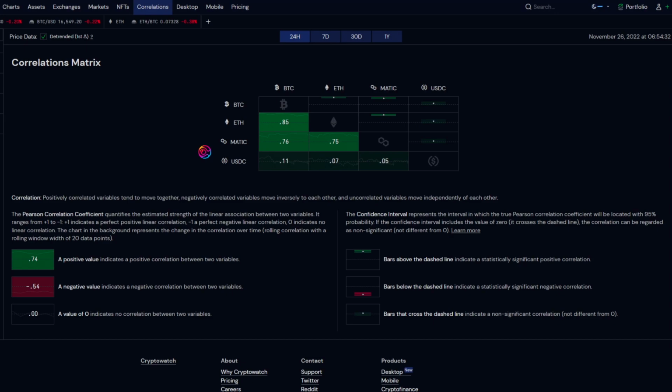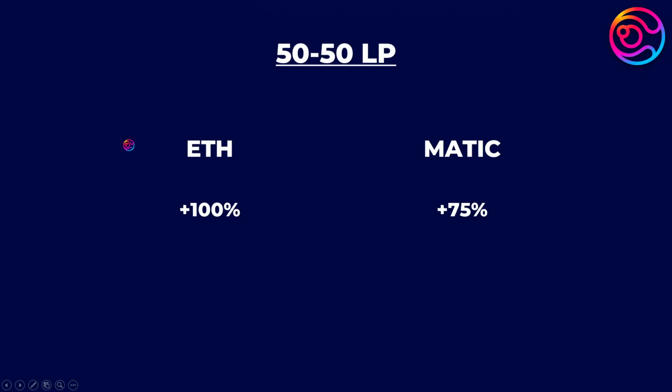ETH and Matic, for example, historically have been 75% correlated. So if ETH changes by a significant degree, let's say 100%, then we can anticipate Matic also changing by at least 75%.